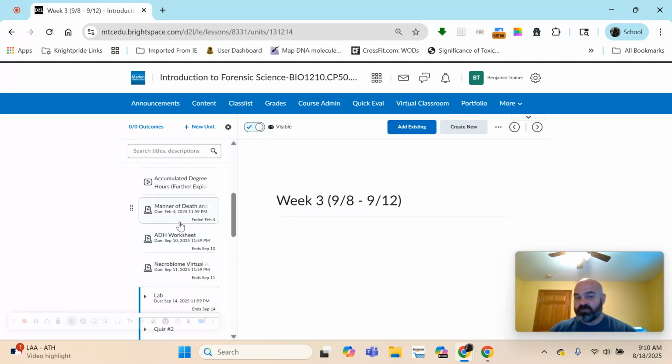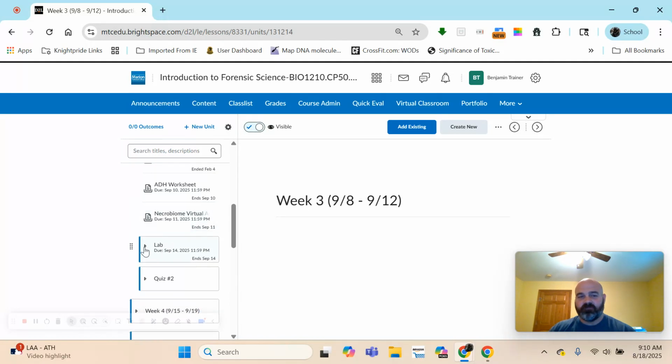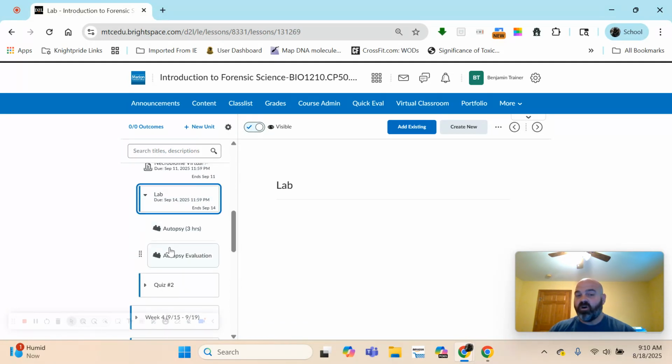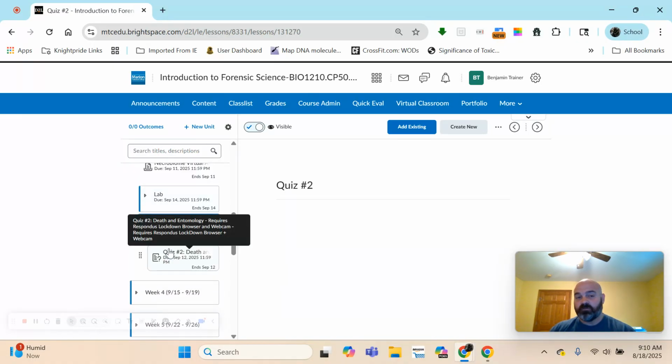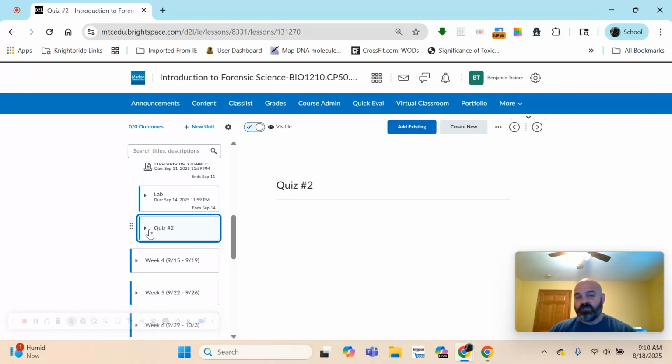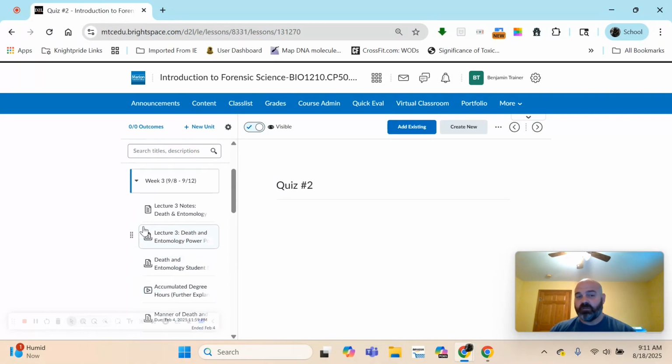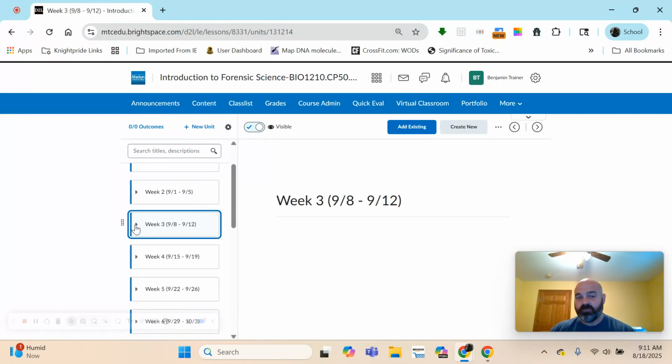These are three assignments that are obviously going to be graded. This one, I have the due date incorrect. I'll get it fixed. You have a lab this week, the autopsy lab. That's the only lab you have. And then you've got quiz number two. As you go through and look at these, I have these all set up in a similar type of fashion. So that's week three.